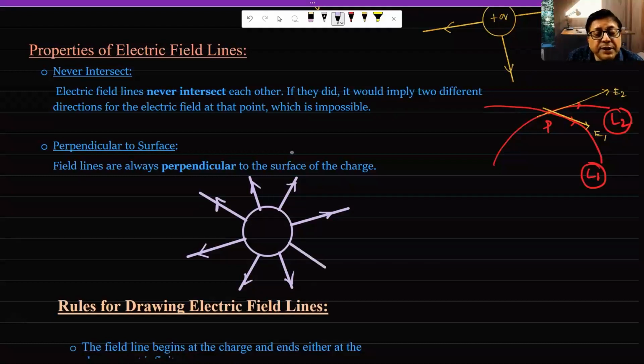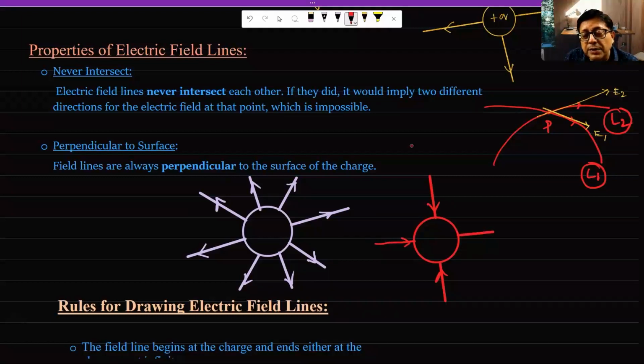Similarly, they may terminate on the same surface or another surface in a perpendicular direction. This way. They have to meet the surface in a perpendicular direction. Has to go perpendicular. This also must go in a perpendicular direction. Why?